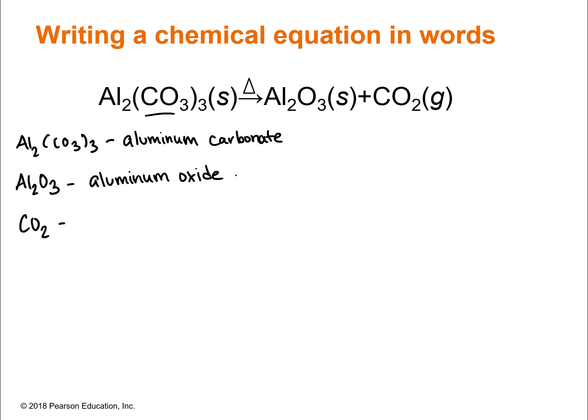Remember, aluminum is a group 3 metal. It is not a transition metal, so you do not need to put anything about aluminum's charge. It's +3 because it's group 3A. Don't need to tell the world that, because the world should know. Last but not least, we see carbon dioxide again.